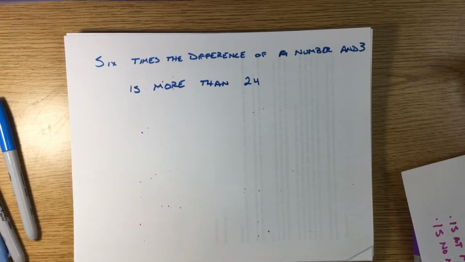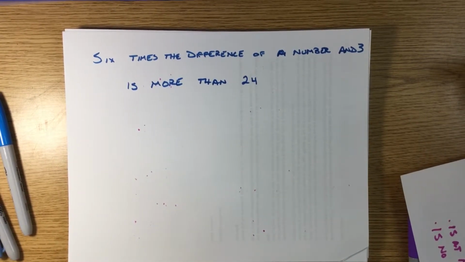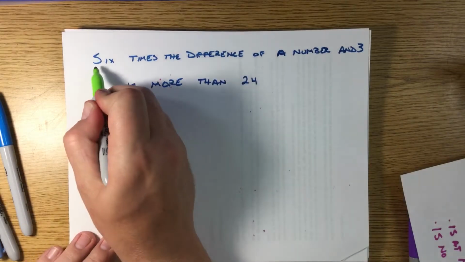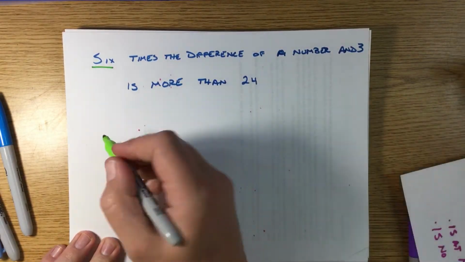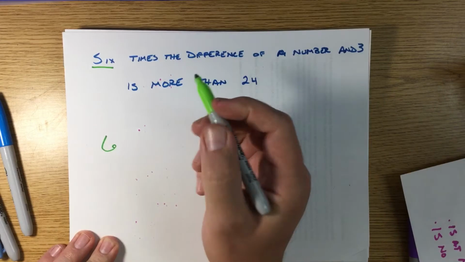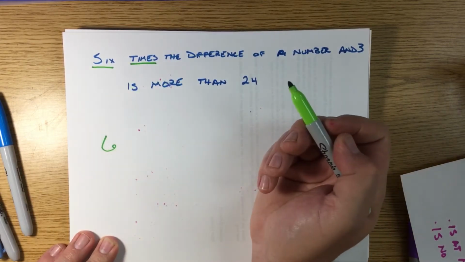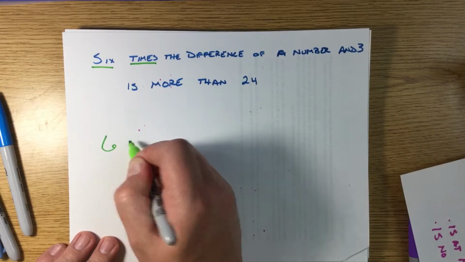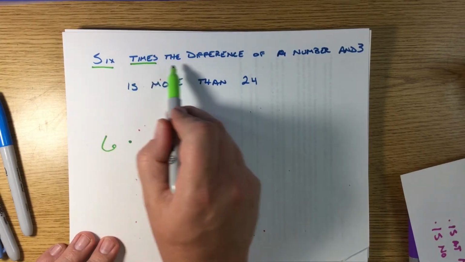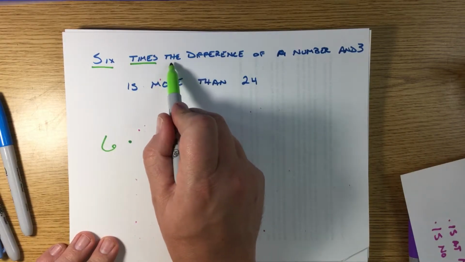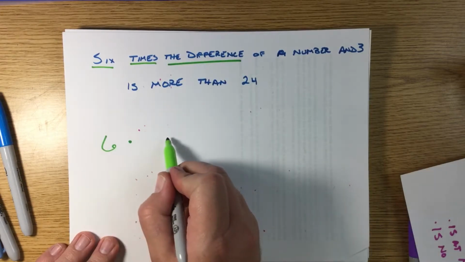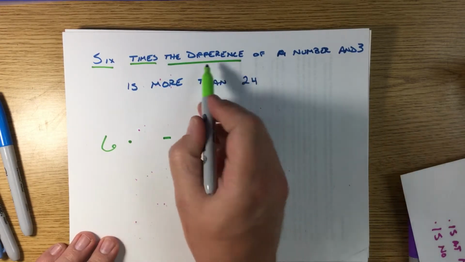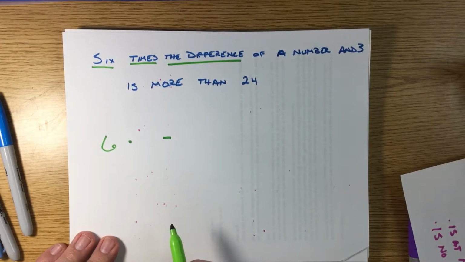So obviously there are some easier things to pick apart and some tougher things. For example, an easy thing to pick apart is 6. 6 is going to be 6. We also know that times is going to be multiplication. But I'm not exactly sure what I'm going to multiply. 6 times what? Well, the thing I'm going to multiply is the difference. Remember, we said there was going to be a multiplication problem, or a subtraction in here.